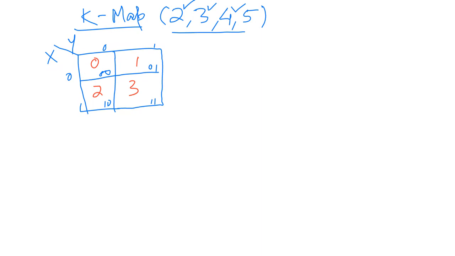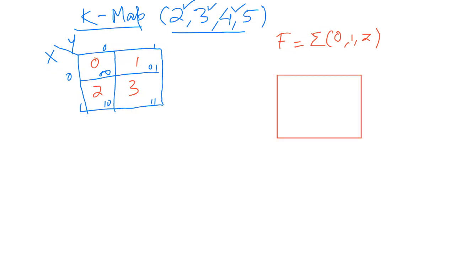Now let us take a practical example, and we have got a function f having min terms 0, 1, and 2, right? And we are expected to simplify this using K-map. So let us do this. I am using these things so that it will be more presentable.